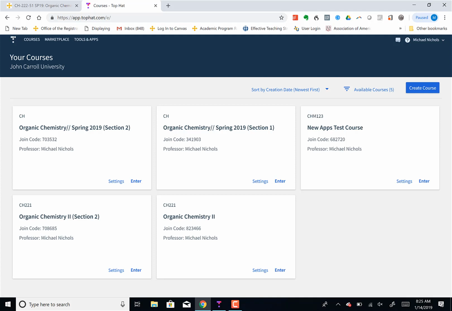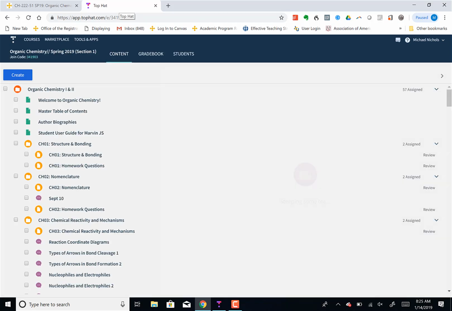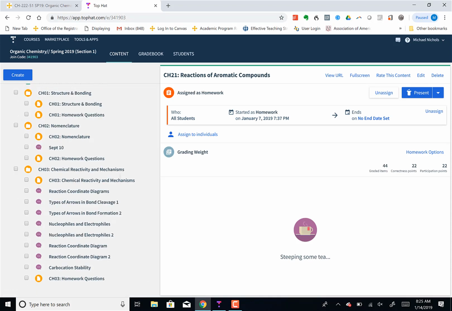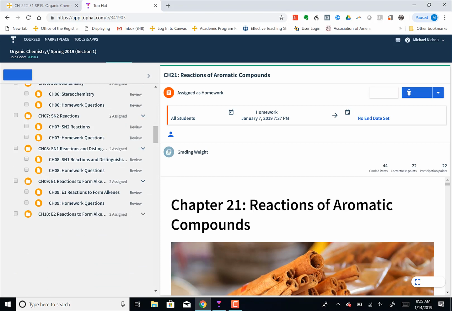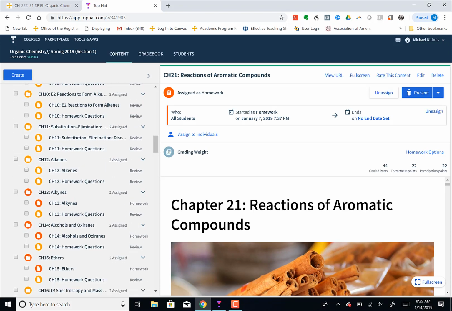So if we log into that class, what you're going to see is I've made available all of the sections of the textbook up to this point. From last semester, I made them accessible as reviews. There's different colors here.